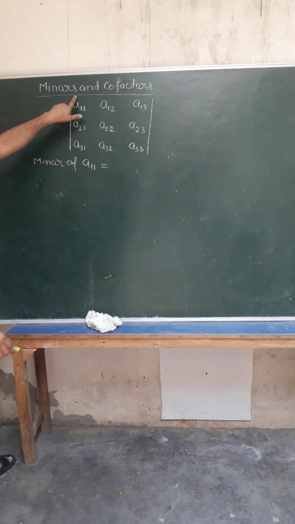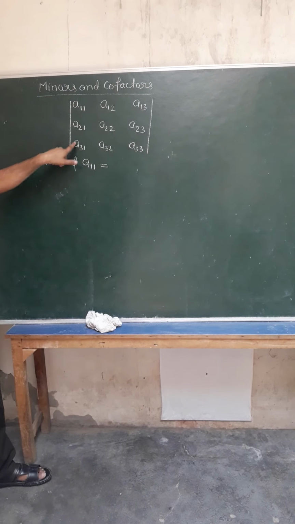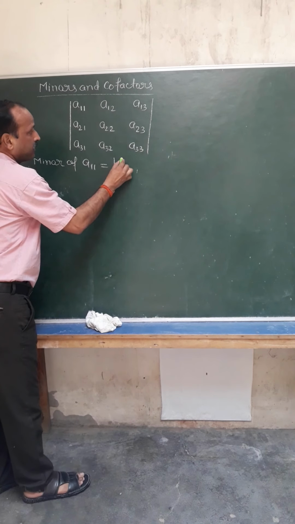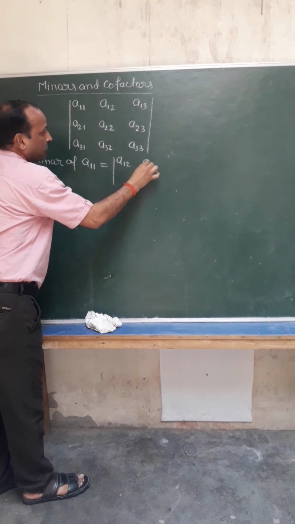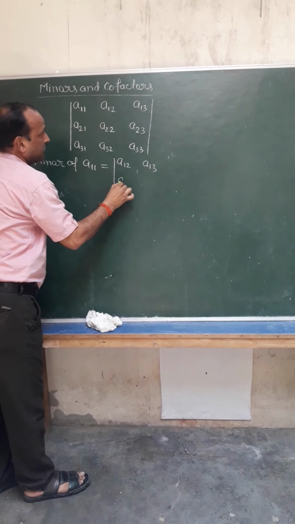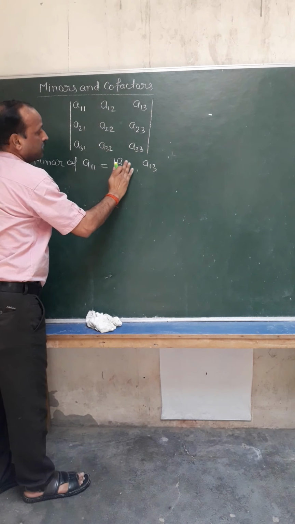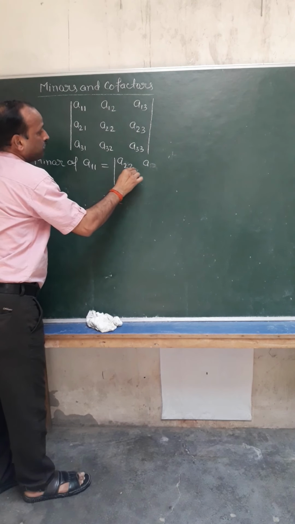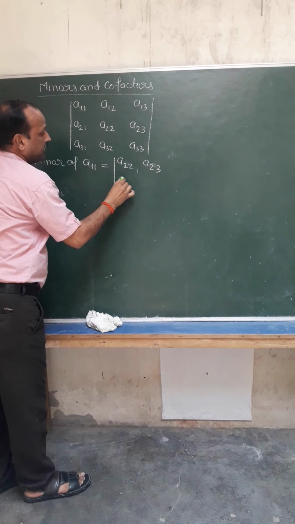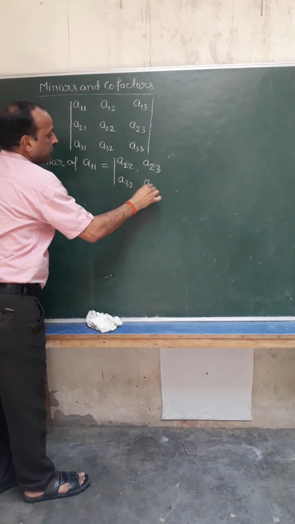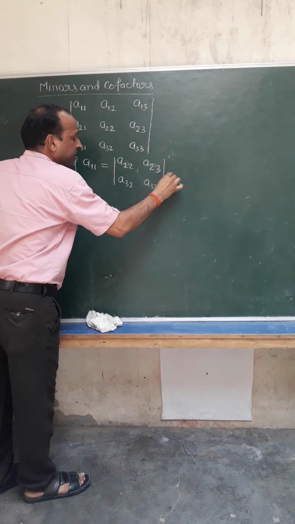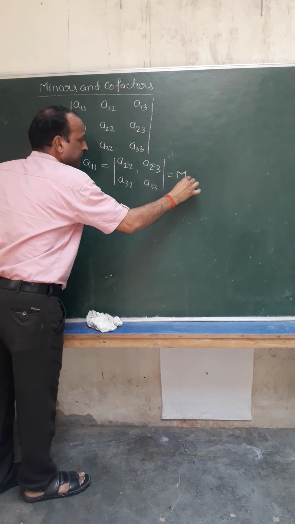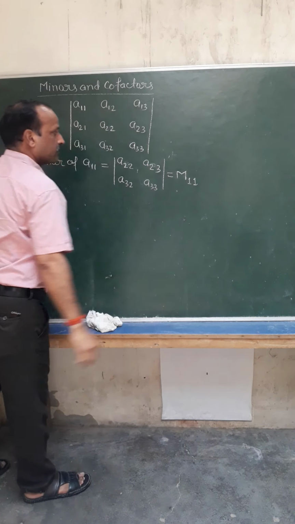When you hide the first row and first column, you get A22, A23, A32, A33, and we will denote it by capital M11.